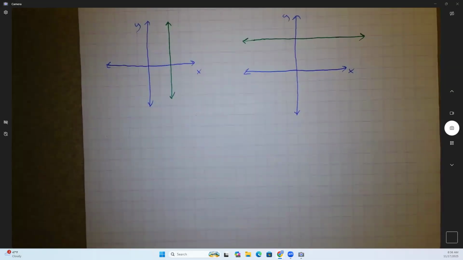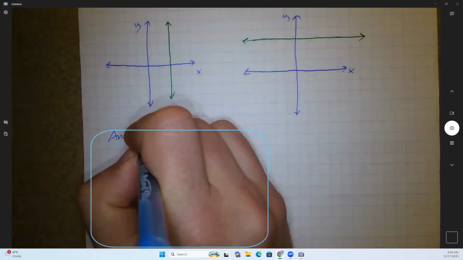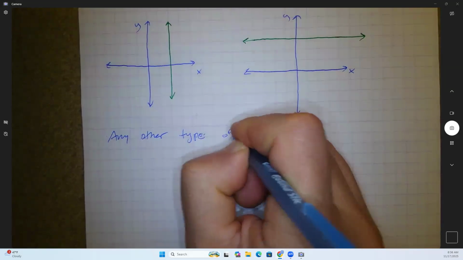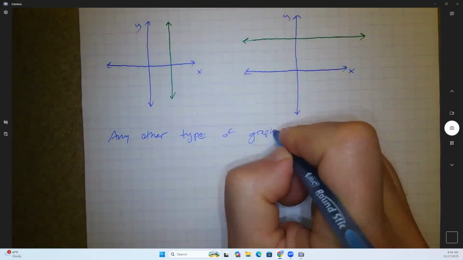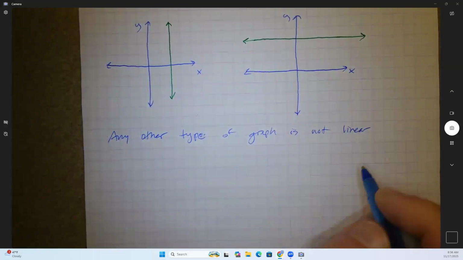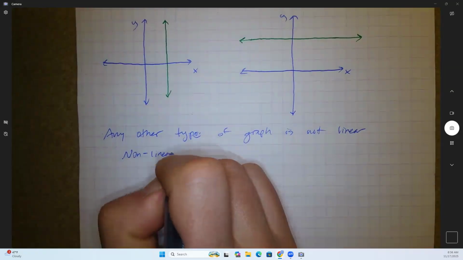Anything that doesn't look like this is not linear. So some examples of non-linear.